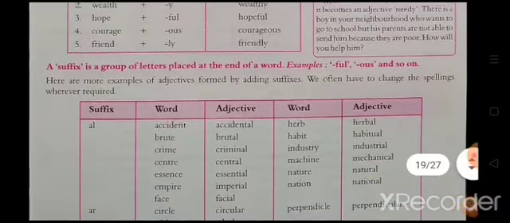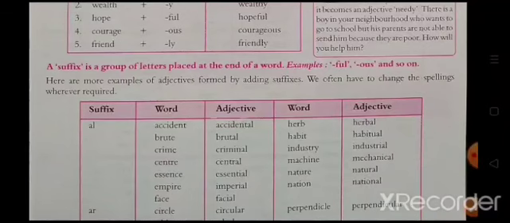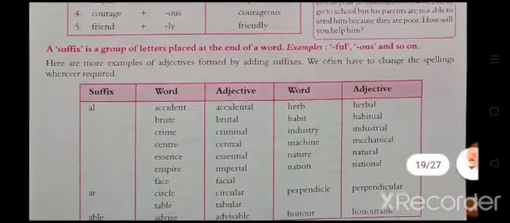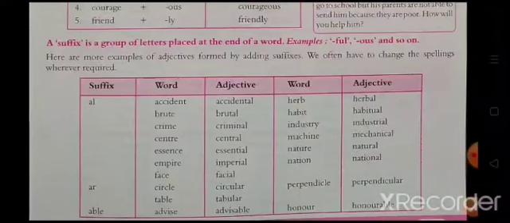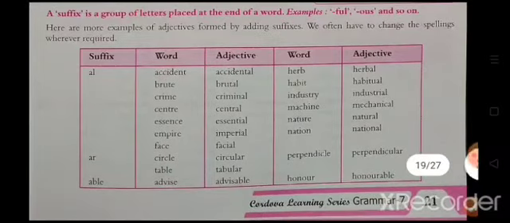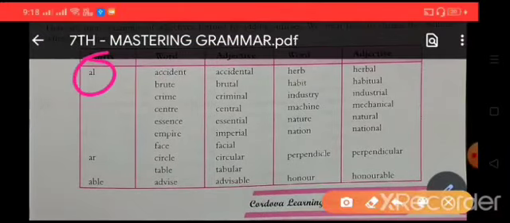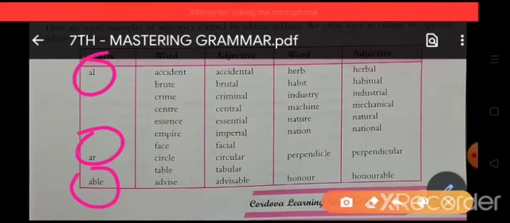Now a suffix is a group of letters placed at the end of the word. As you all know, it is always at the end of the words. So it is full, ous, and so on. Here are more examples of adjectives formed by adding suffixes. We often have to change the spelling wherever required. Sometimes it is not changing the meaning of the word, but sometimes it is changing the meaning of the word. Now here we can see the suffixes are al, ar and able.